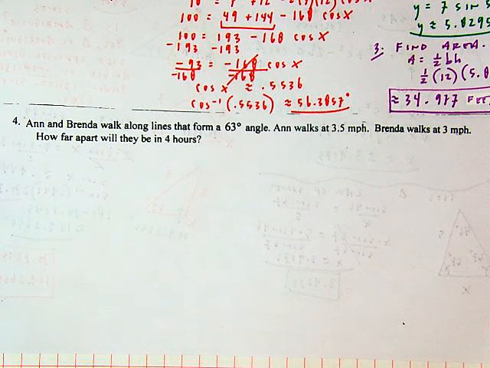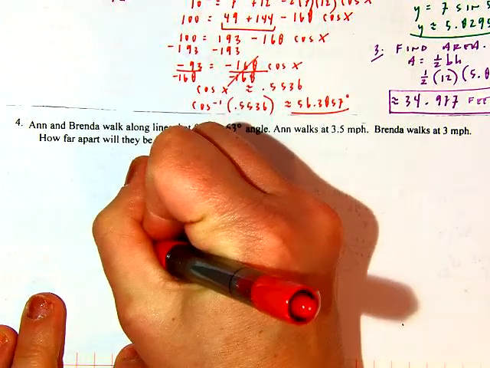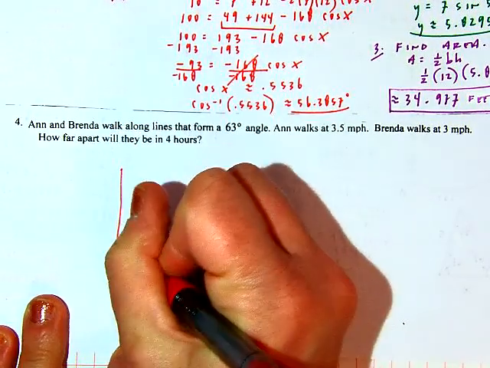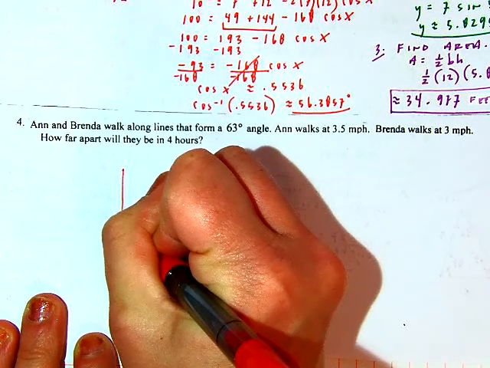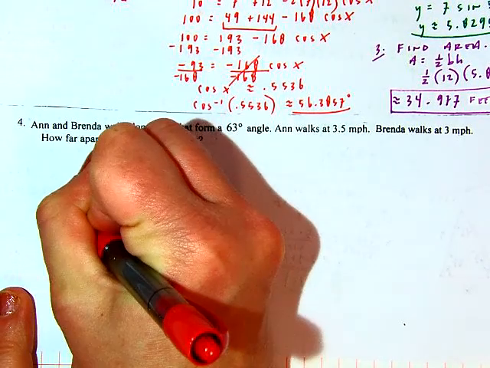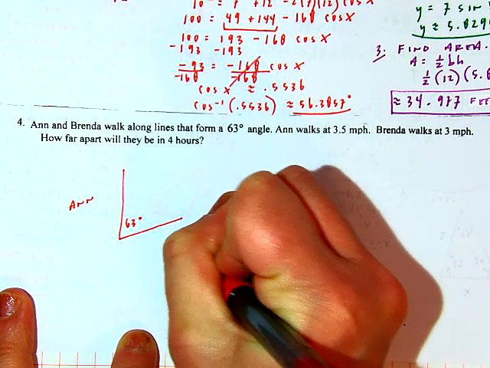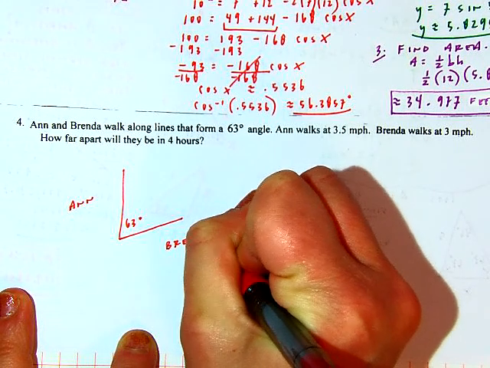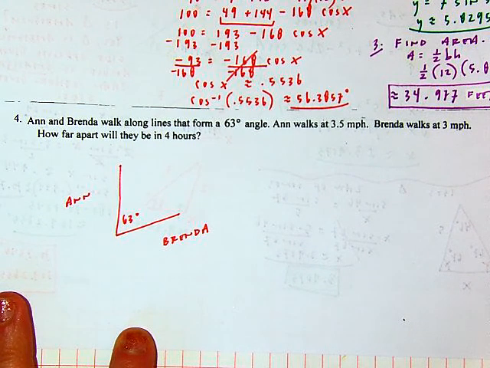Okay, so let's see. Let's draw a little path for Anne and for Brenda. All right, so we know that there's 63 degrees between them. Let's make this Anne's pathway and this Brenda's pathway. I'm not scaling it perfectly, but I need to read the information back one more time to do that. So we're looking at how far apart they are in 4 hours.